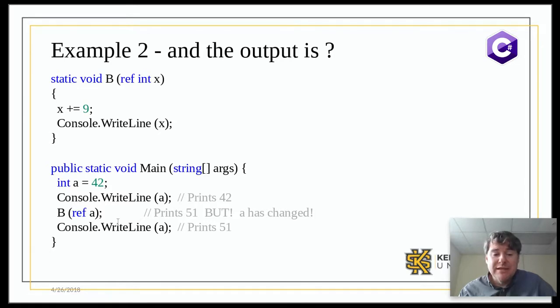So in actuality, x, which is a new local variable name up here inside of b, is effectively a reference to the same block of memory where a is. I'm going to draw this out in just a second to show you what I mean, but what you need to understand is that because you use this reference word, a and x are both pointed to the exact same place in memory.